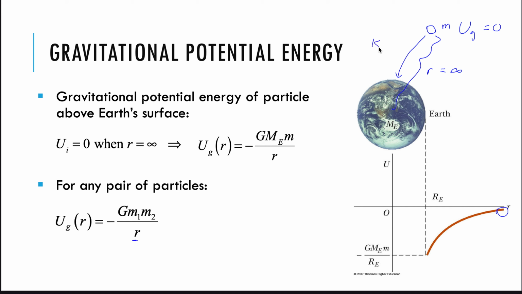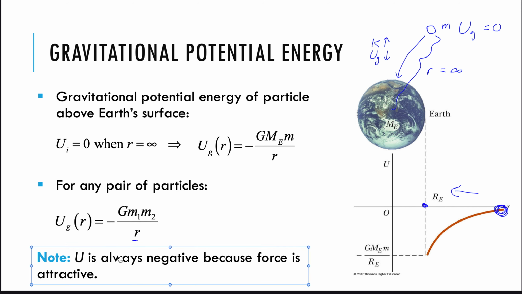Its kinetic energy increases, which means that its potential energy is going to decrease. So that's why when the object is at infinity, the potential energy is 0, but then as it gets closer, to the left here, closer to the surface of the Earth, the potential energy becomes more and more negative because it decreases. So that's how we can explain the gravitational potential energy being a negative function, because the force is always attractive.